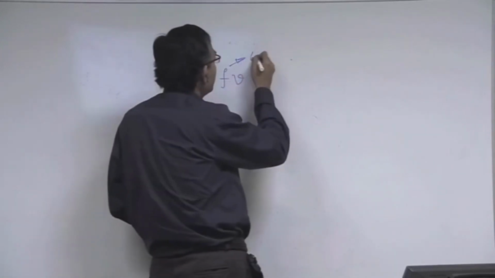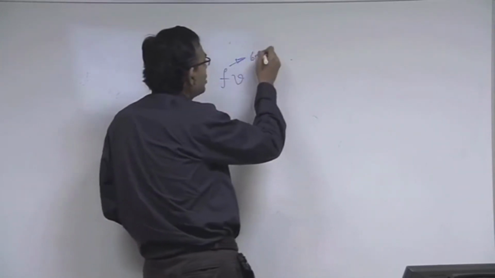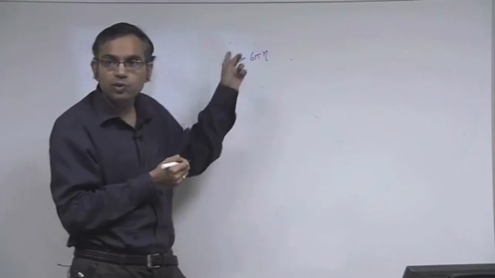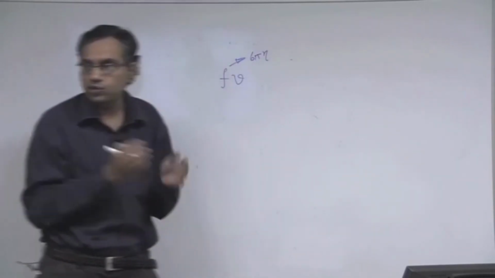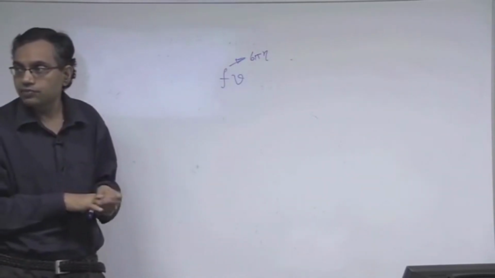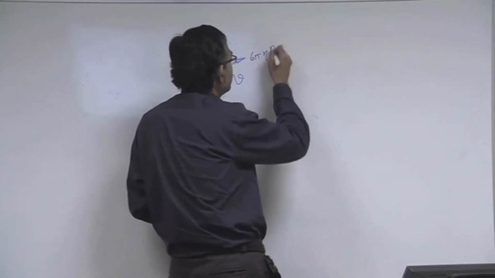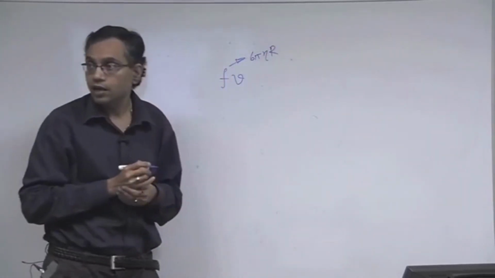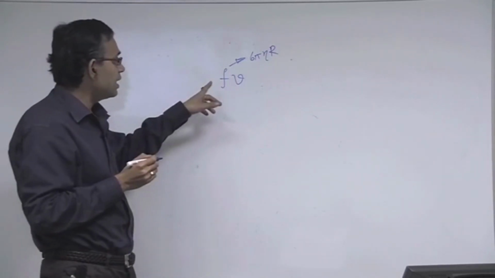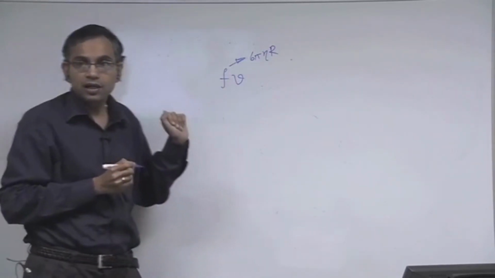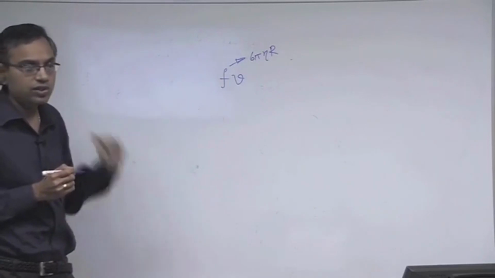6 pi, we will write viscosity as eta, because we have already used mu for chemical potential, just to avoid duplicacy of symbols, into the radius of the ion. So this F into V is the force.